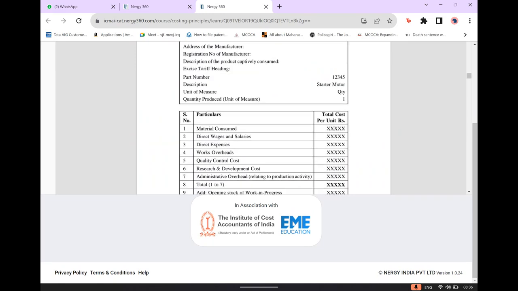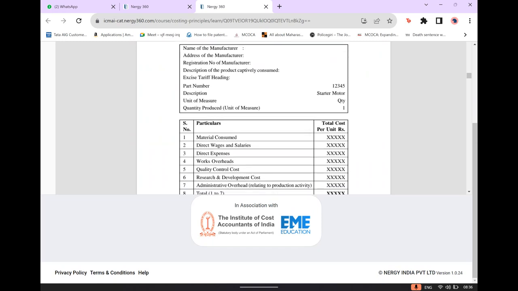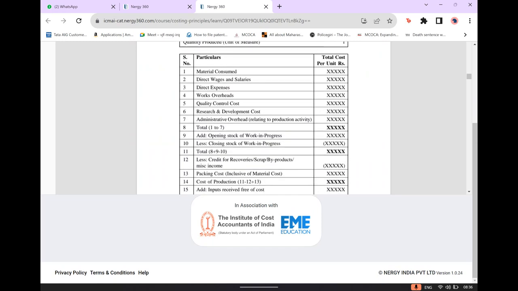So next we are moving to the automobile industry. So in automobile industry, you have all these things: material, direct labor, expenses, overhead, quality. So quality control will come here. Research and development cost also is something which is peculiar to this automobile industry. So other administrative overheads are same.